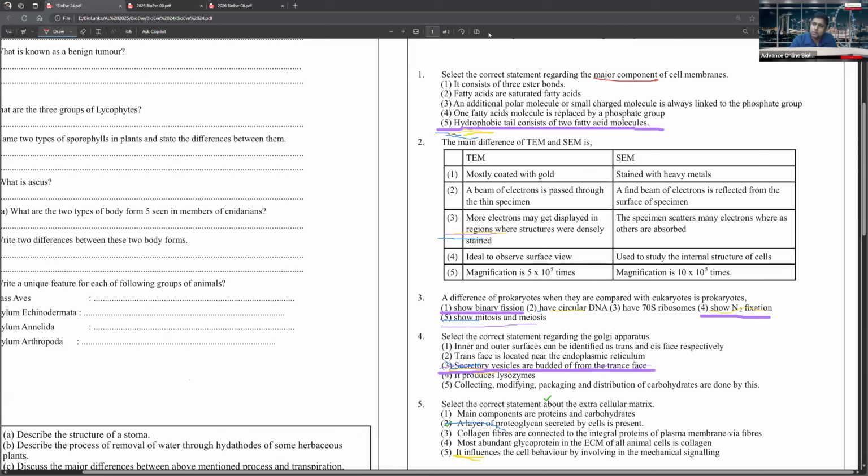Major component is polypeptide, right, people? Polypeptide, 3 ester bonds. Doubtful, ne? Fatty acids are saturated. No. In addition, an additional polar molecule or small charge molecule is always linked to the phosphate group.